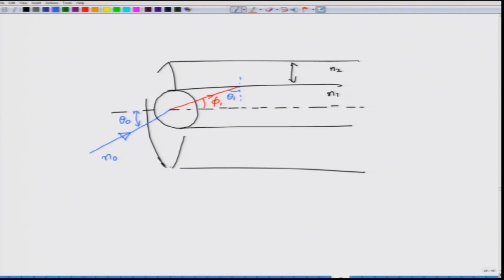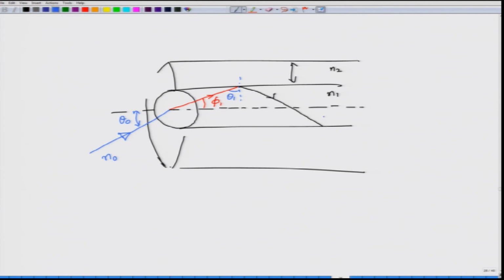Now what I want to understand is, if the second ray of light which is travelling inside the core hits the core cladding interface at an angle theta 1, what happens if this angle theta 1 is greater than the critical angle of the interface between core and cladding? If it is greater than the critical angle, we know that this ray of light actually goes back, because it is totally internally reflected and now arrives at the lower interface of core and cladding.